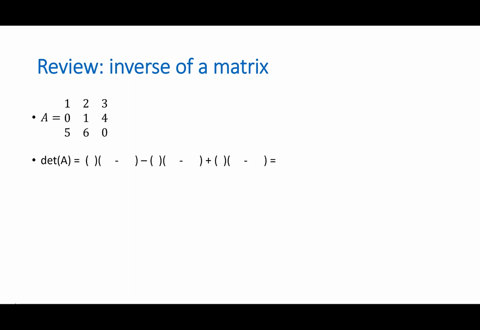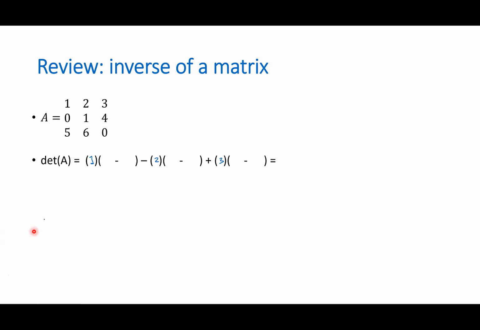So basically, consider the first row. Pick each element in the first row: 1, 2, 3. All right. So 1, then you cover all the elements in the first column, first row.